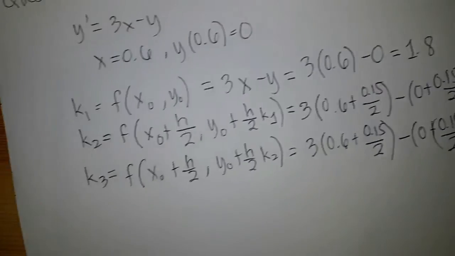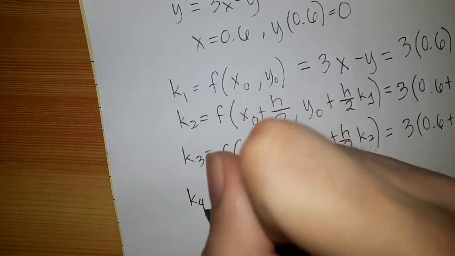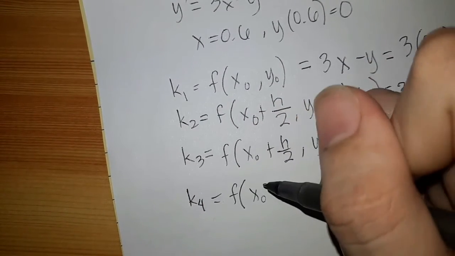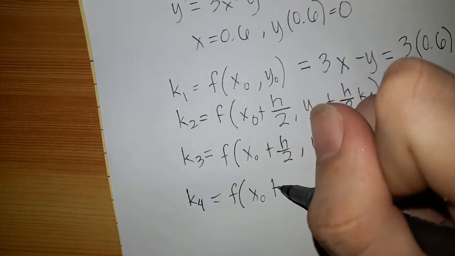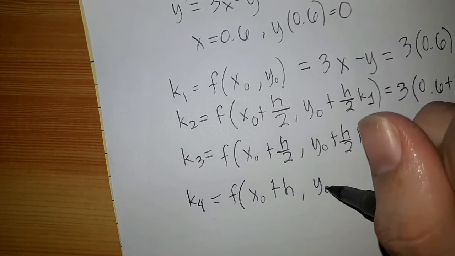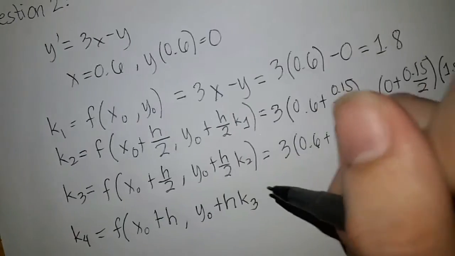After that, we can now solve the value of k4, which is equal to the function of x sub 0 plus h, comma y sub 0 plus h times k3.